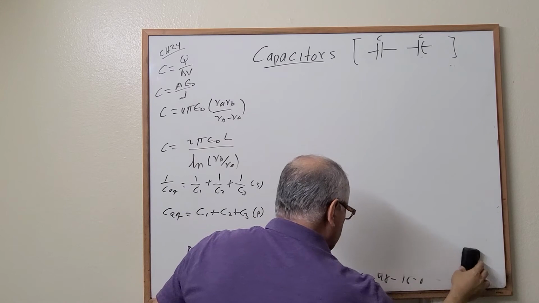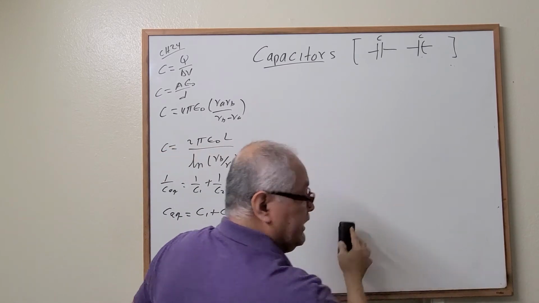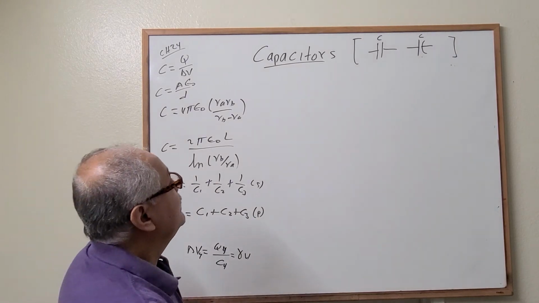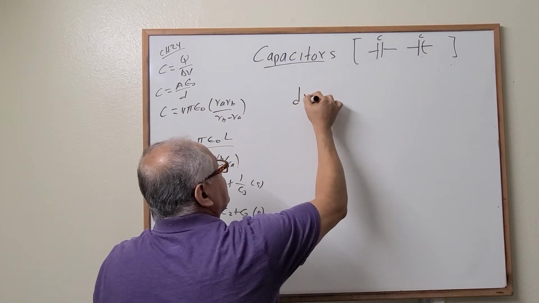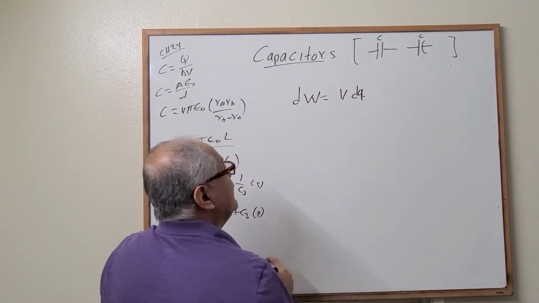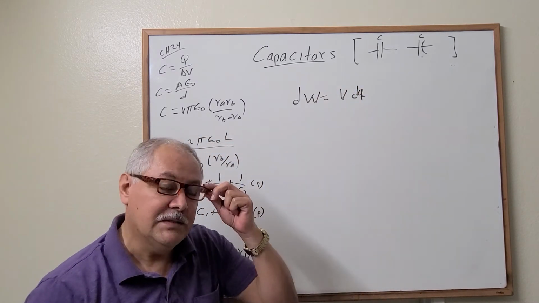To do that, we use some technique as we did in the previous chapters. In chapter 23, remember, we used this formula to find the work done in charging a plate.